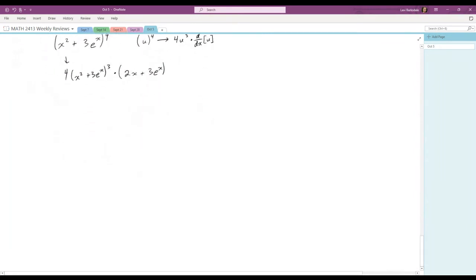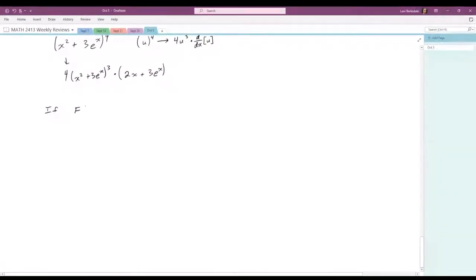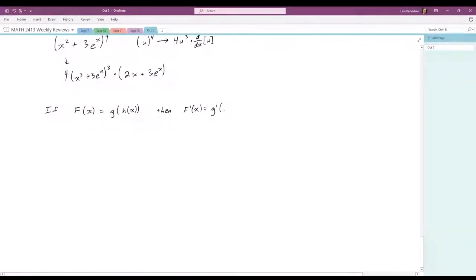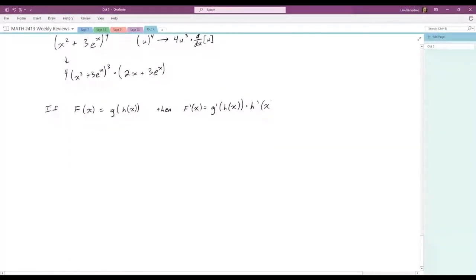If we wanted to say it super formally, if F of x is a composition of two functions, then you can write the derivative as the derivative of your first function composed with your second function, multiplied by the derivative of your second function.